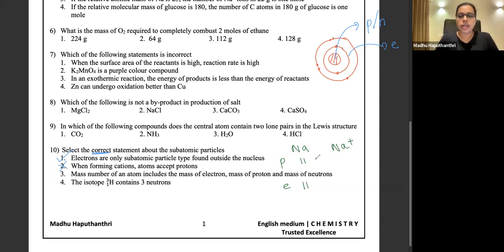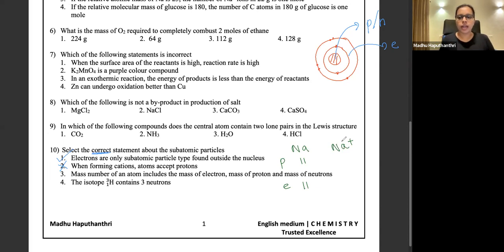An atom is an electrically neutral entity. Electrically neutral means it's not bearing any charge; it's not negative, it's not positive. It's neutral. Therefore, the number of protons and electrons has to be the same. Then the charges cancel out.